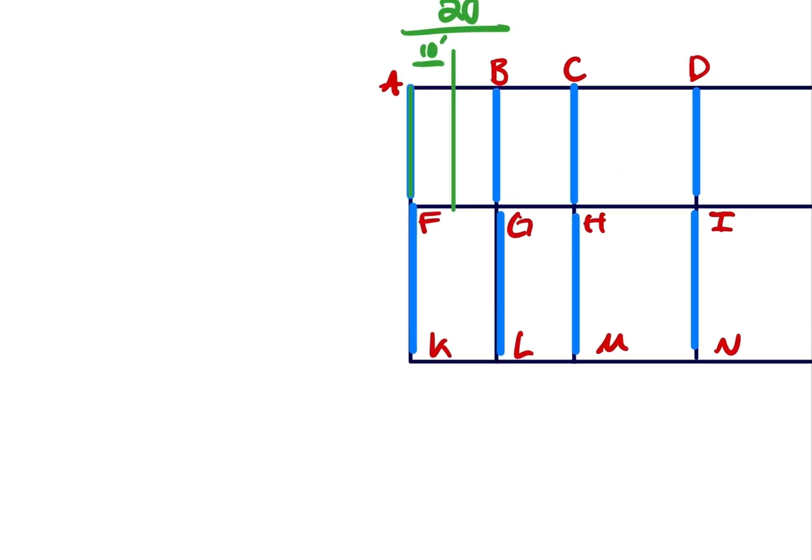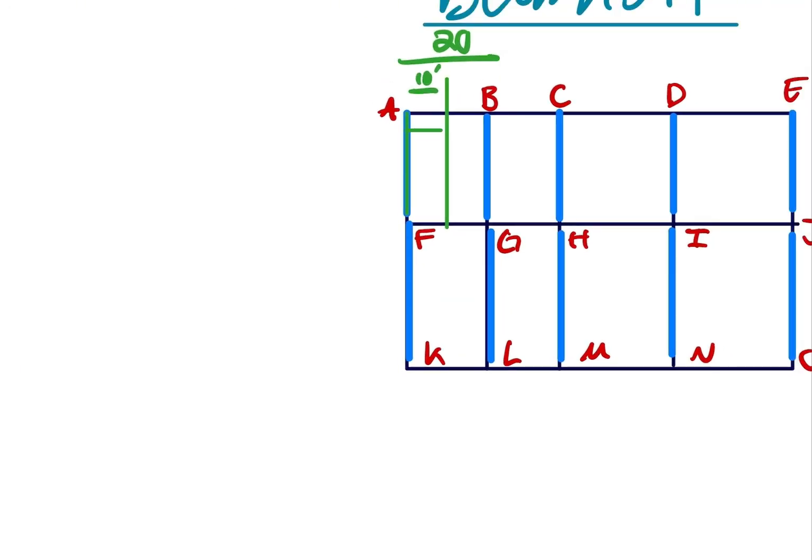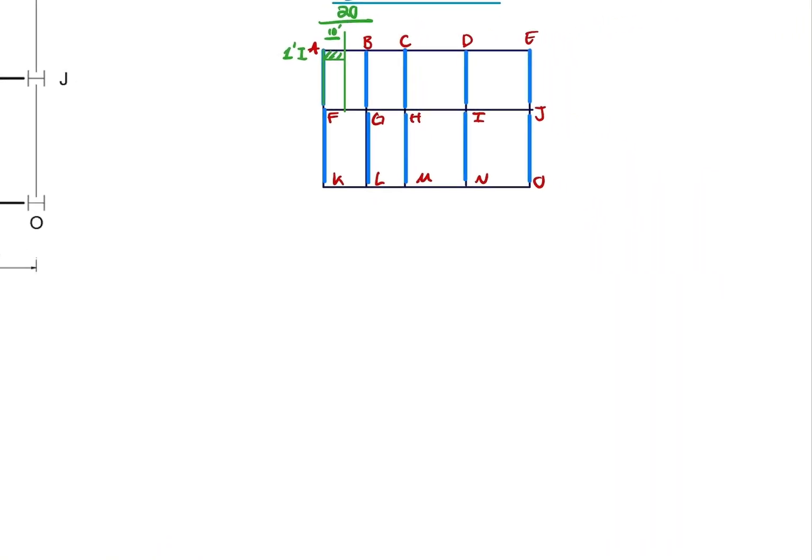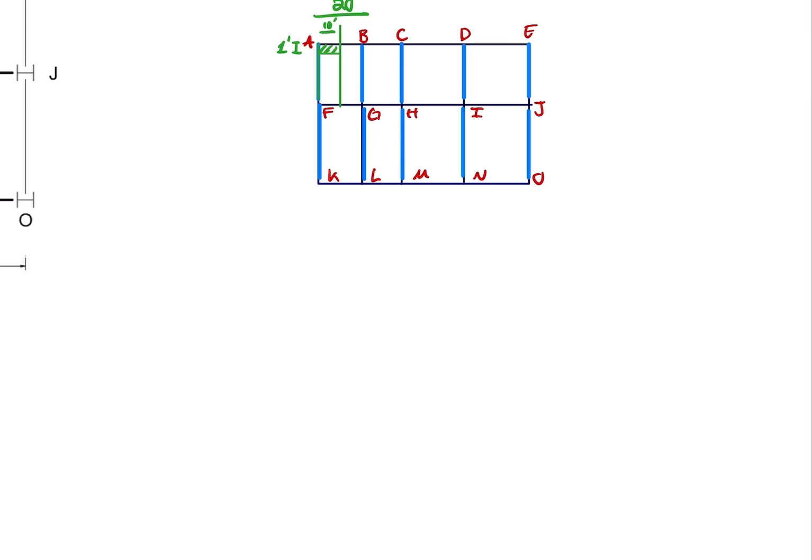Then we will account for 1 foot of the beam. To calculate the load distributed over this beam, we multiply the 40 pounds per square foot times the 10 feet times 1 foot, and this will equal 400 pounds.